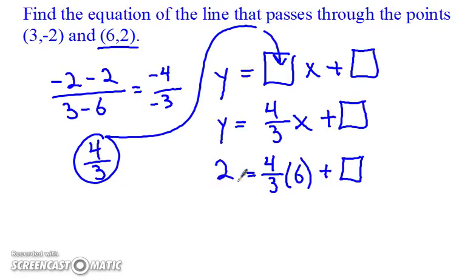All right, well, 4/3 times 6, you can practice doing fractions times whole numbers, and whatever technique you use, you end up with 8. So 8 plus what gives you 2? Well, that's going to have to be negative 6. So I now know what goes in the box here.